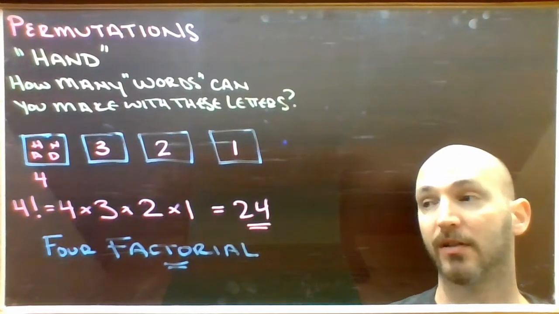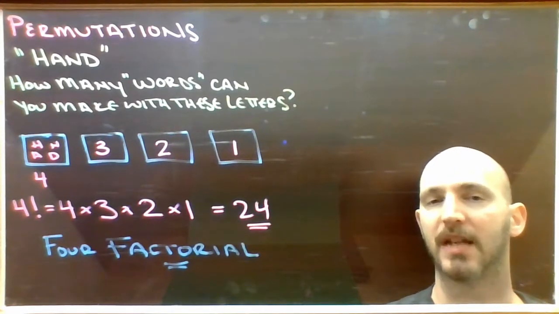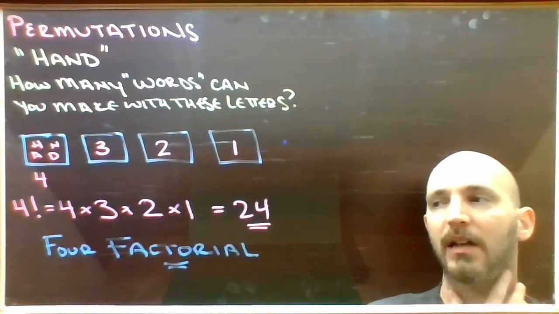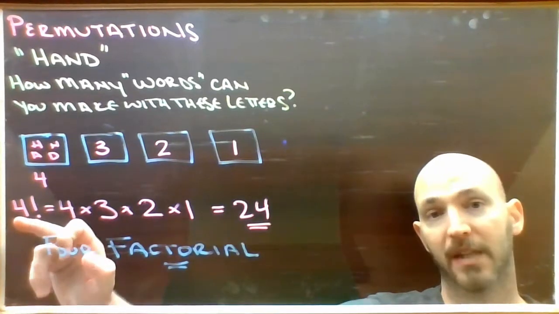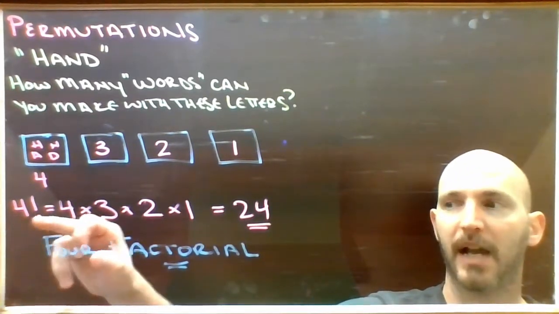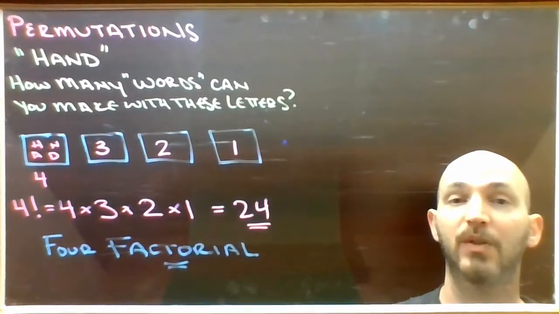It's kind of like you're taking number 4 and yelling about it because you tacked an exclamation point on the end. It's basically telling you to start with this number and then multiply it by every number that comes after until you get to 1.